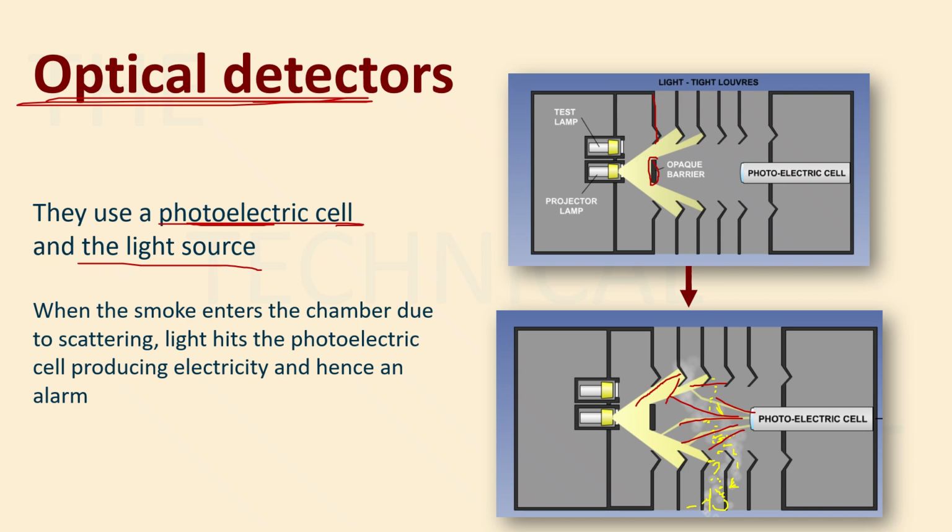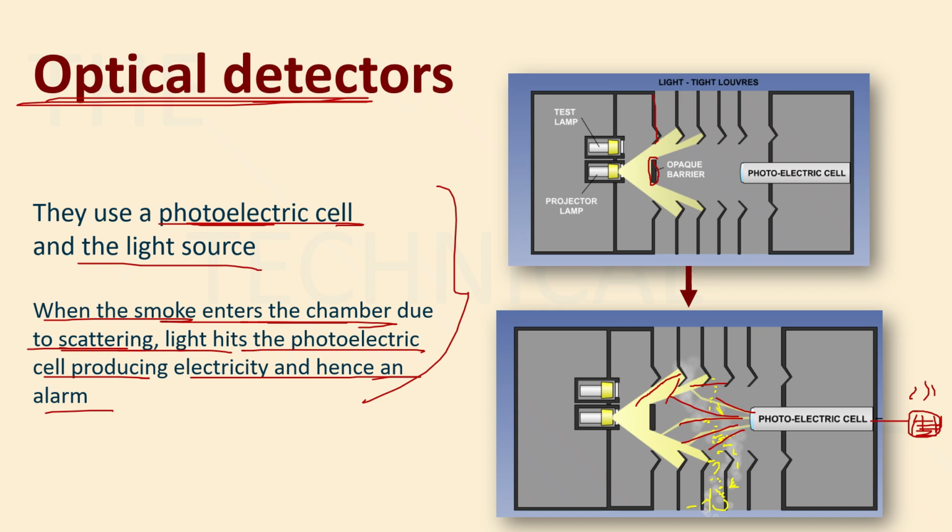And this will cause the photoelectric sensor to produce electricity, and it will have an alarm system attached to it, and obviously there will be an alarm, and we'll know who was there in the laboratory smoking a cigarette, right? So when the smoke enters the chamber, due to scattering of light it hits a photoelectric cell, producing electricity and hence an alarm, right? I have explained this in the simplest terms I could, right?